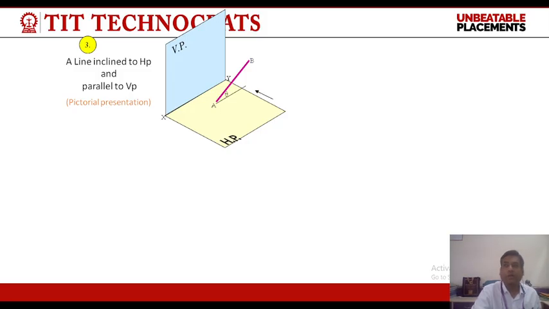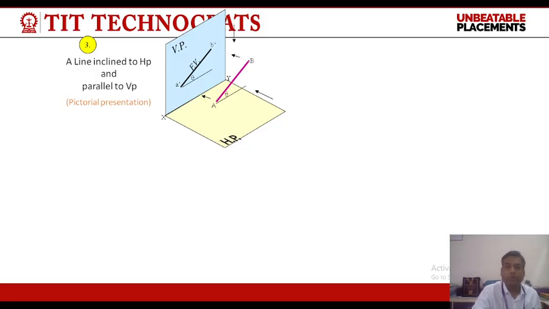This is the pictorial representation from the front view. The front view of the line will represent true length. It is represented by A dash B dash, which is inclined at an angle of theta degrees.